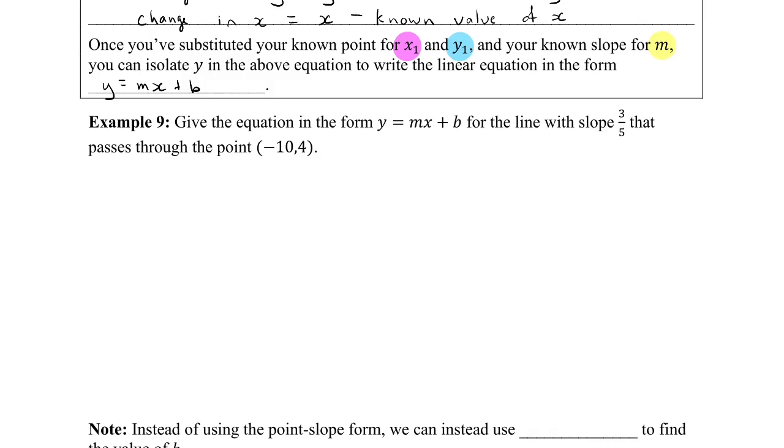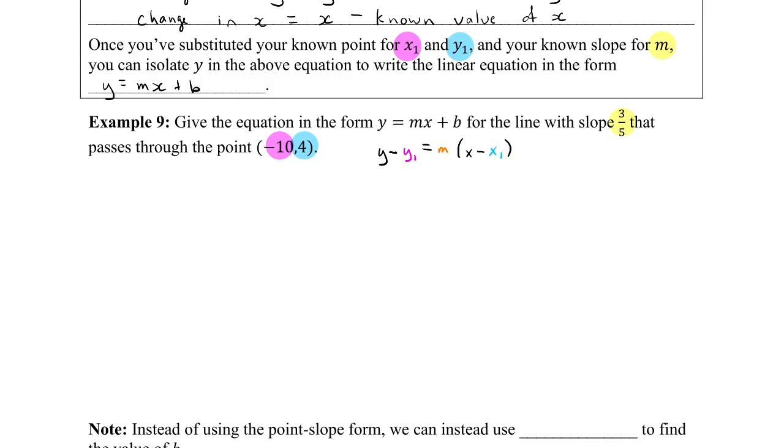Okay, so how do we do this? In this example, we're told that we want a line with slope 3/5, and we want it to pass through the point x is -10 and y is 4. And we're going to use the point-slope form. So y minus the given y is equal to the slope times x minus the given x.